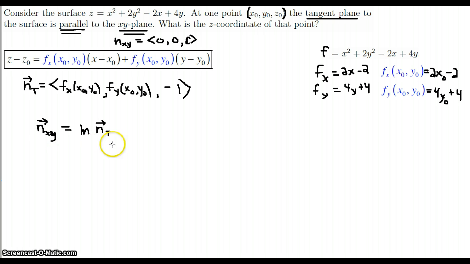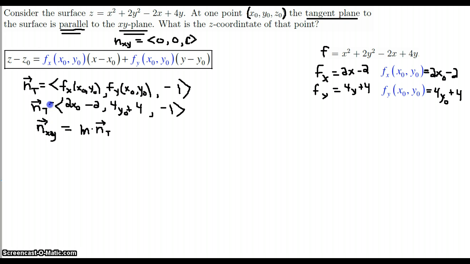We have exactly 2x naught minus 2, 4y naught plus 4, and negative 1 as the normal vector to the tangent plane.